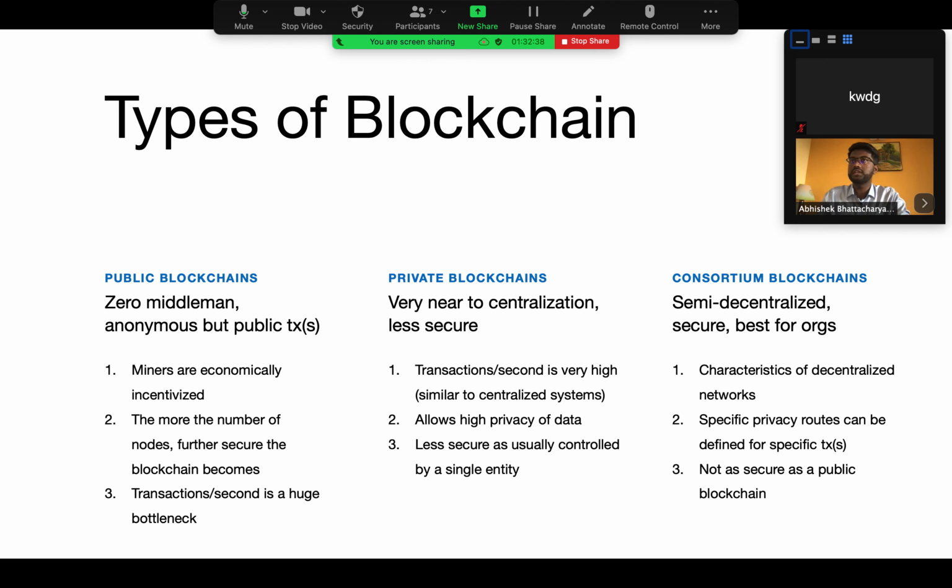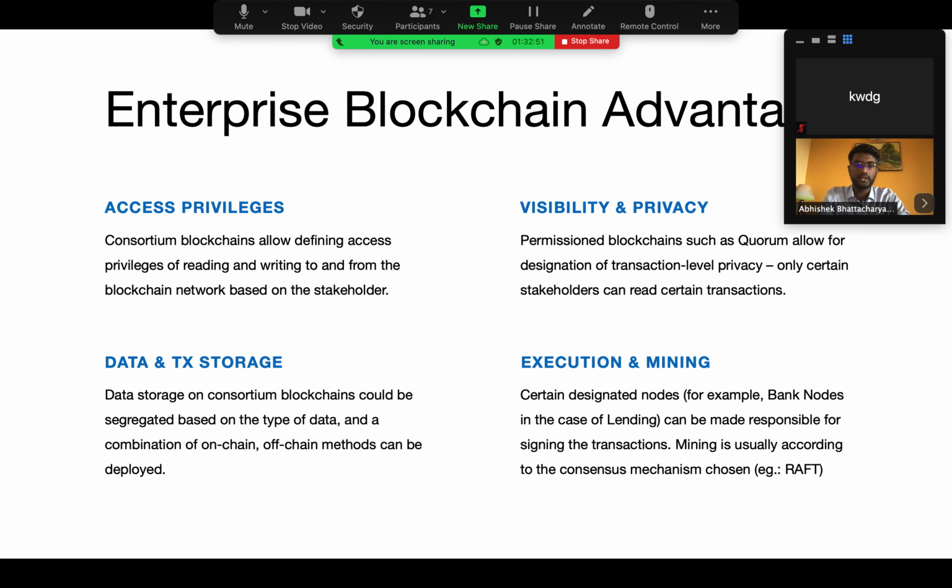Let me open the presentation. All right. So we were here. We have done this mostly. We have understood the difference between 3 types of blockchain, and now we are going to look at this. As I said, this is going to be the most important kind of blockchain for you, especially for this class: the enterprise blockchain.